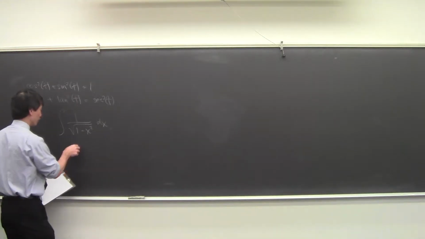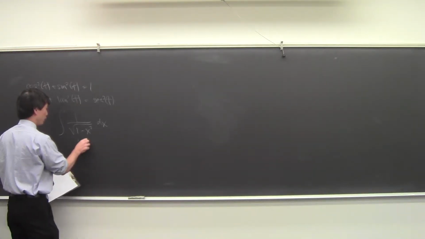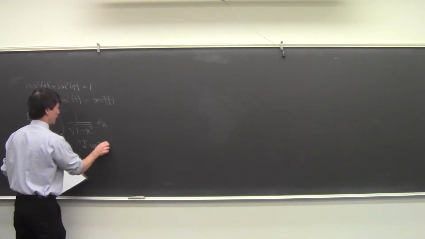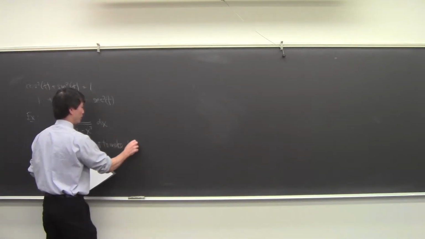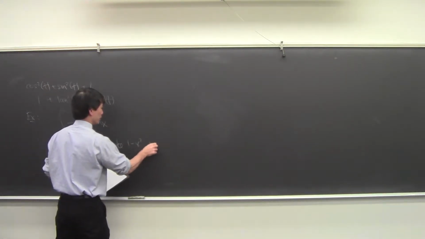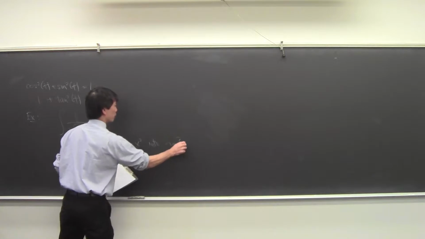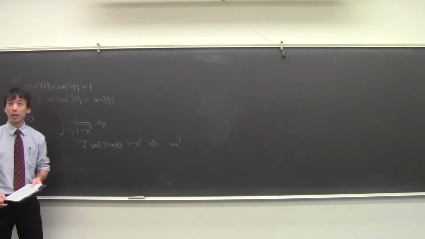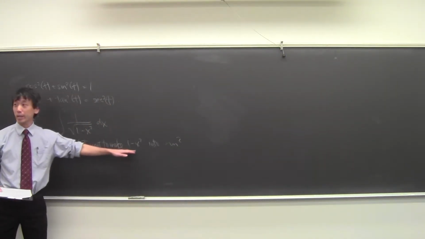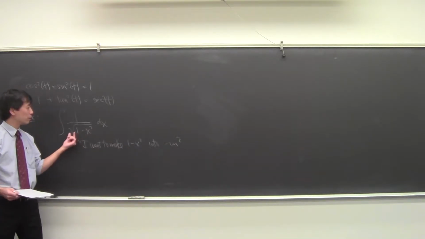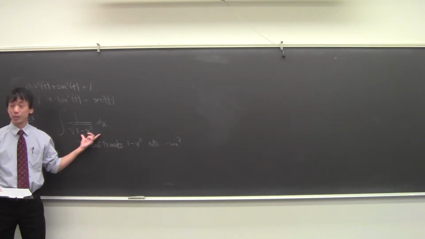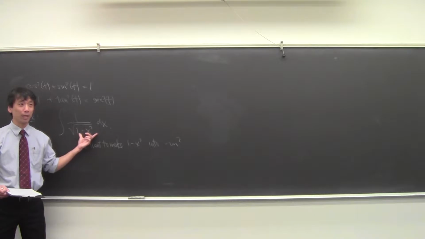So I want to make 1 minus x squared into something squared, because then I've got the square root of something squared, which is good, and maybe I've got some hope of getting rid of the radical then.